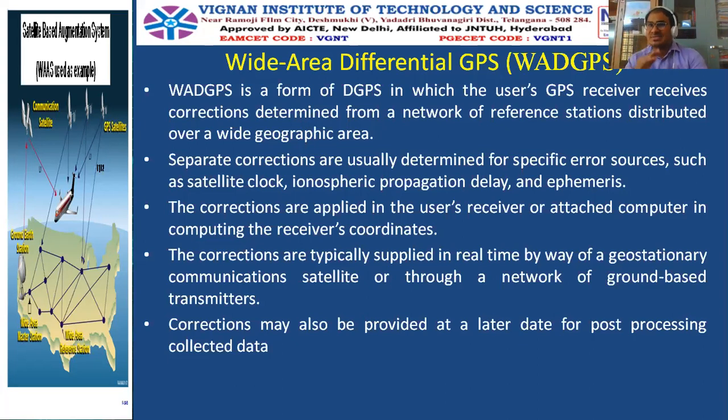While calculating the receiver's coordinates in a computer, if these corrections are applied, then it will give accurate measurements, though they may not be directly given to the user.